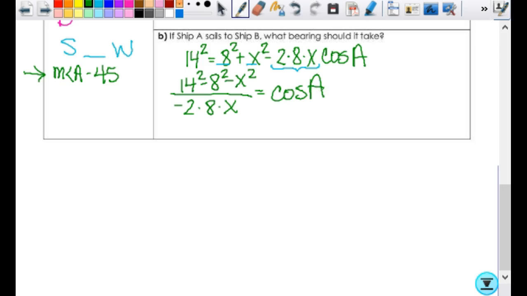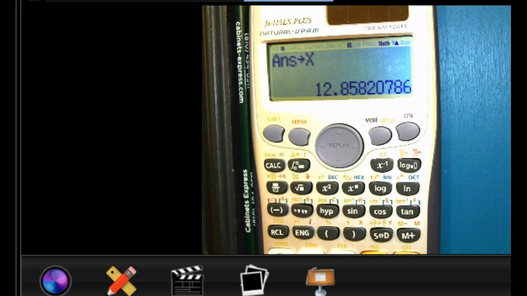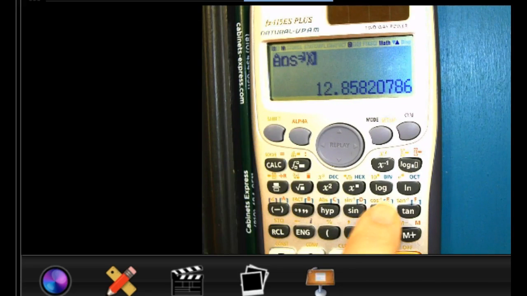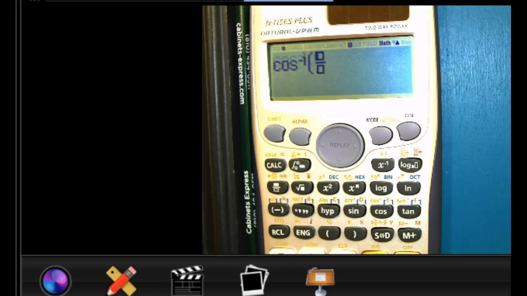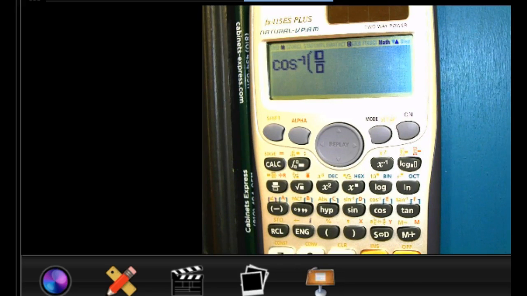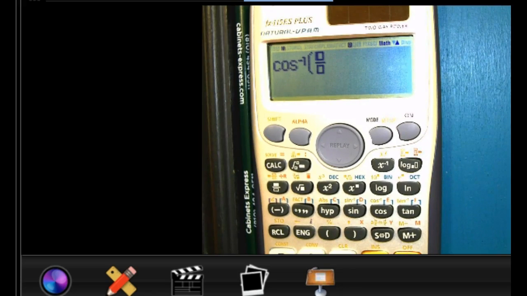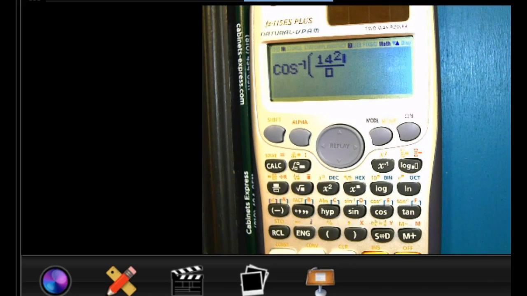So you can do cosine inverse and type all that in, and you can type it in a fraction if that's how you want to do it. So I can do cosine inverse of my fraction, and that's going to be 14 squared minus 8 squared minus x squared.